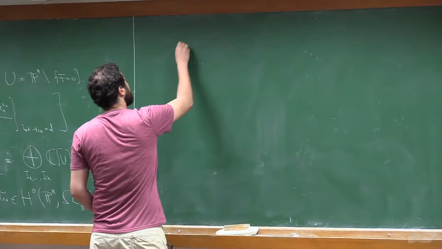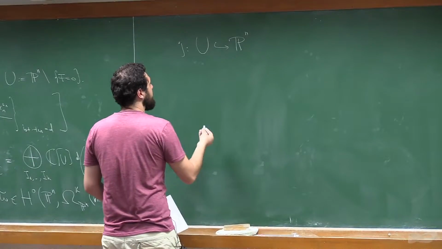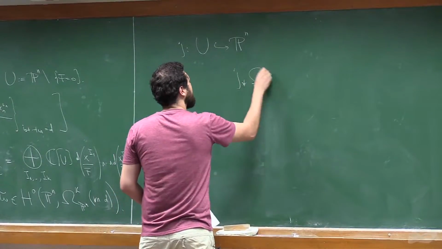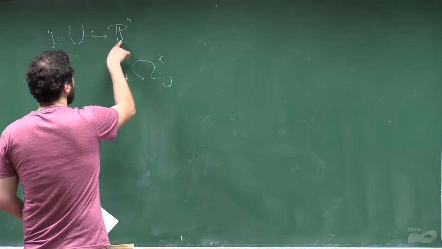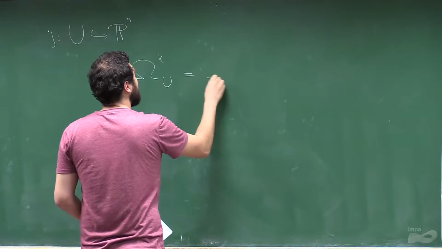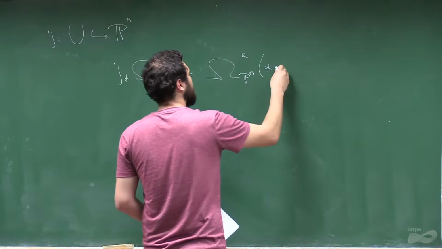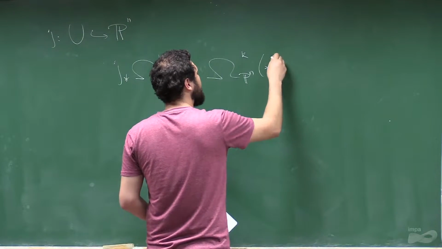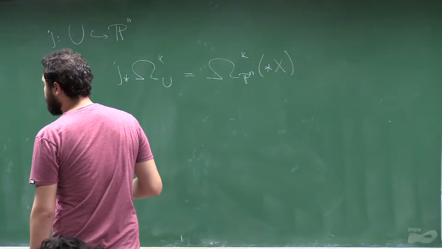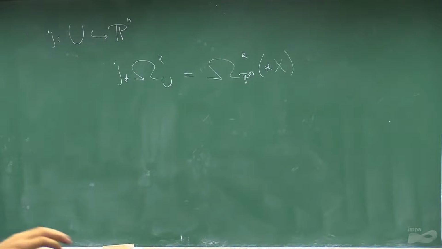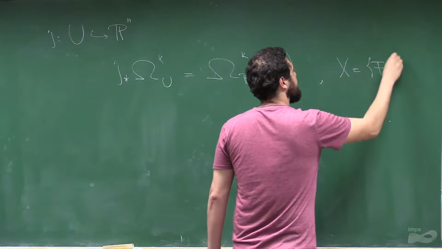If we denote j to be the inclusion, then the sheaf of algebraic forms over U pushed to Pn is exactly the sheaf of meromorphic forms with pole of arbitrary order over X, right? Here I did name X. So here X is the zero locus.